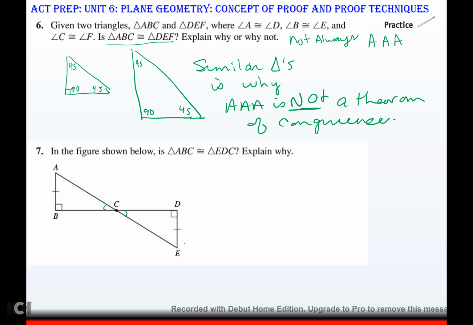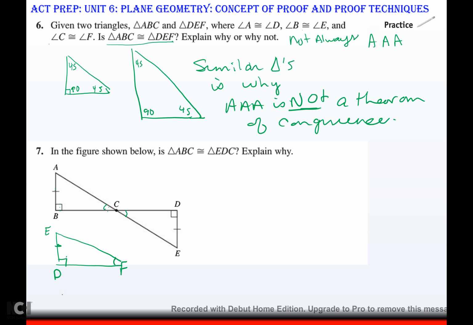Well, if I take this and try and put it in the same position as this, because sometimes it's easier for me to see that, this would be D, this would be E, and this would be F. Okay? So, the problem here is you know that these two angles, this side and this angle, are equal. But that is going to be side angle angle, or angle angle side. Well, those two theorems don't exist.